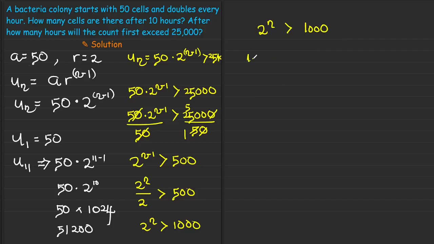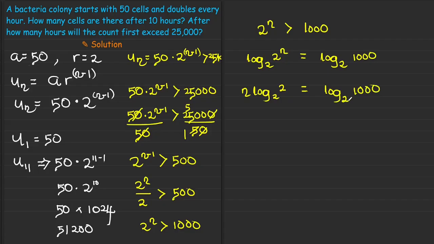So that we have log of 2 to the power n base 2, which is equal to log 1,000 base 2. Applying the laws of logarithm, this n comes to this side, so that we have n times log 2 base 2, which is equal to log 1,000 base 2.